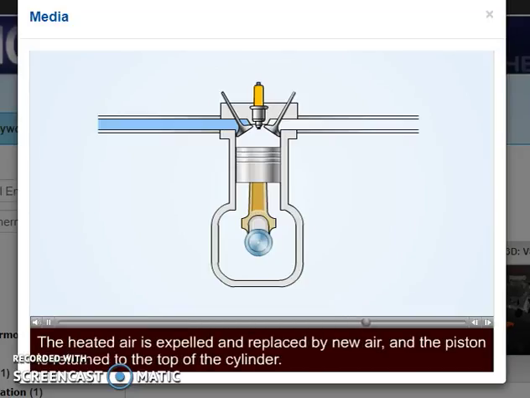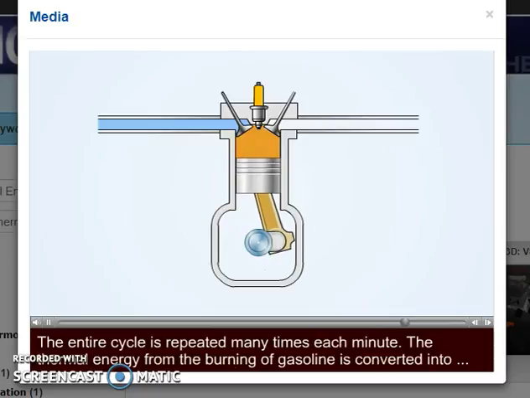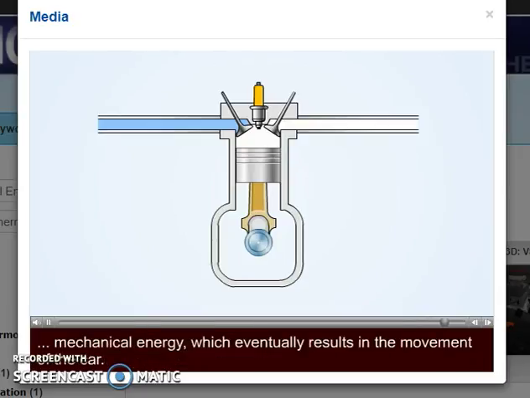The heated air is expelled and replaced by new air, and the piston is returned to the top of the cylinder. The entire cycle is repeated many times each minute. The thermal energy from the burning of gasoline is converted into mechanical energy, which eventually results in the movement of the car.